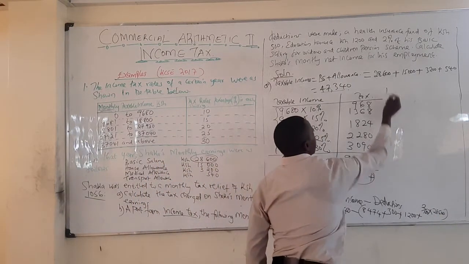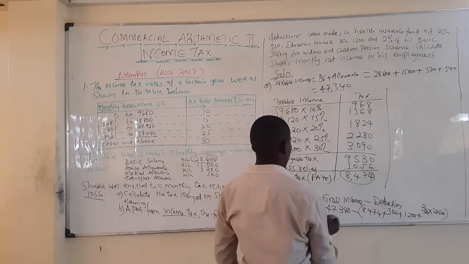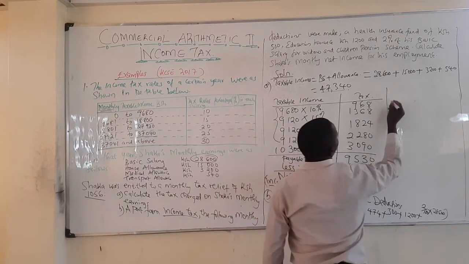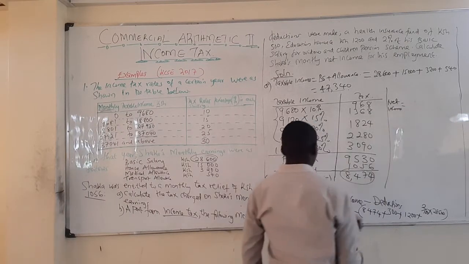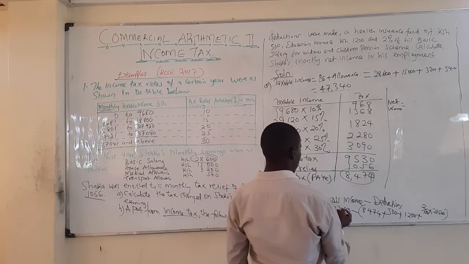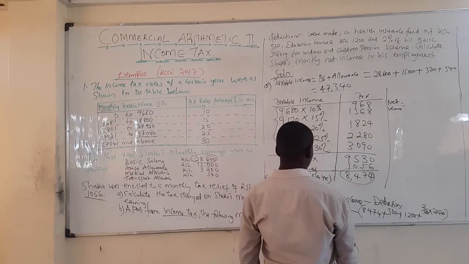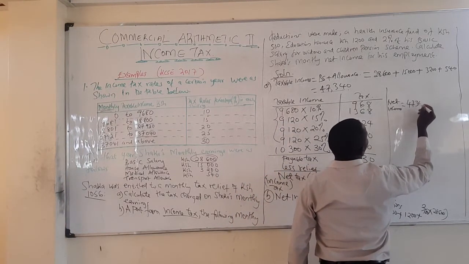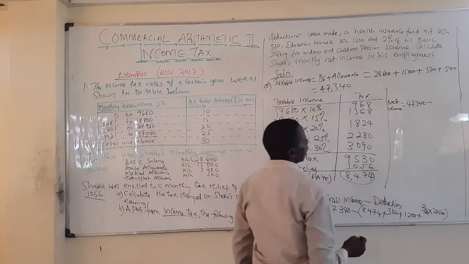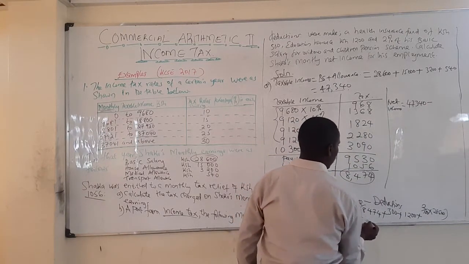So in this case, you have the gross income, the net income there. Net income is now the gross income, which of course is 47,340, minus the total of these.